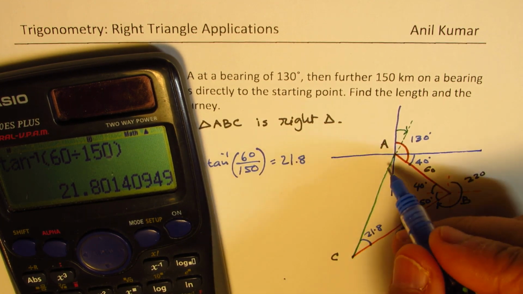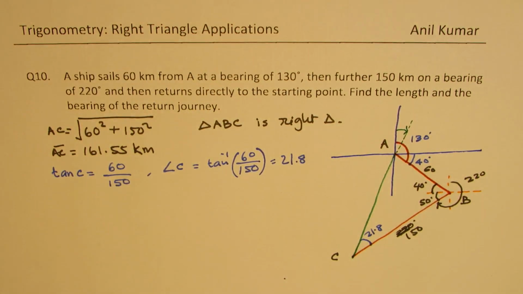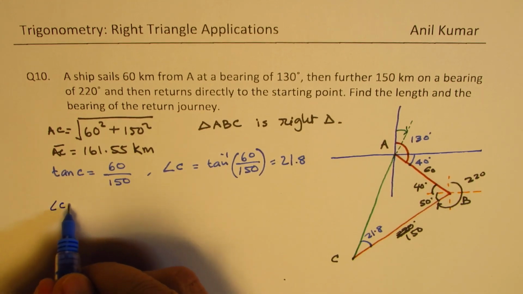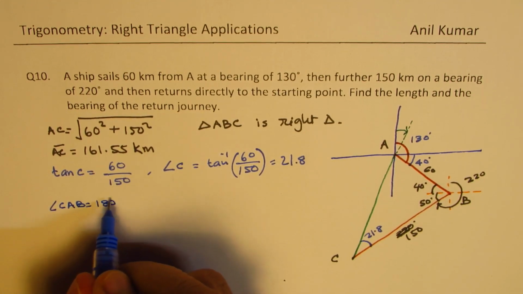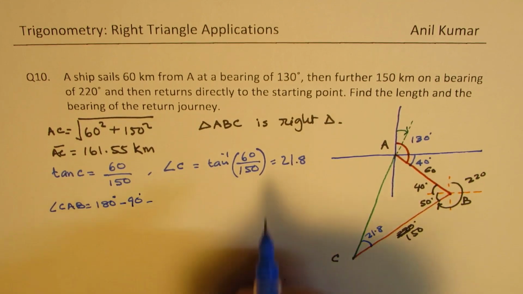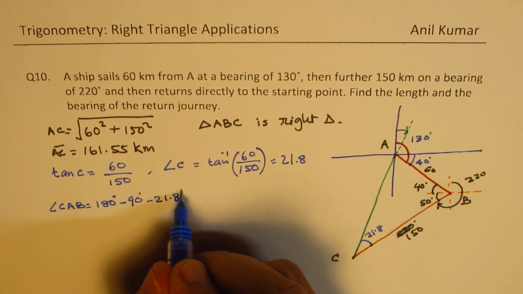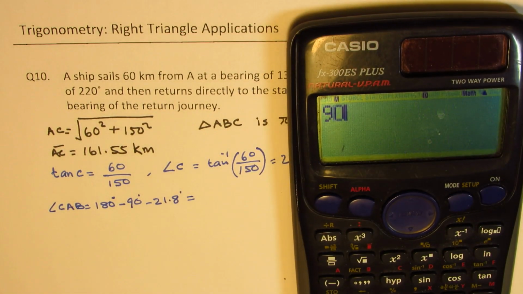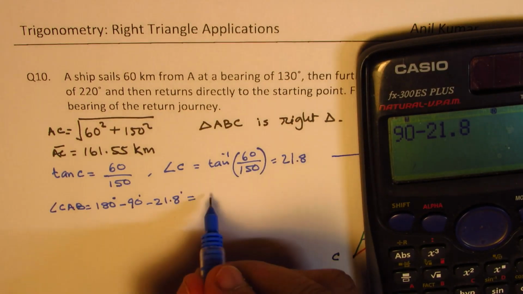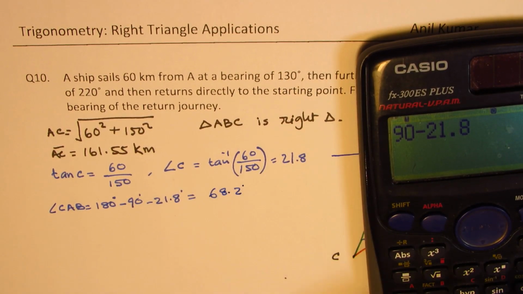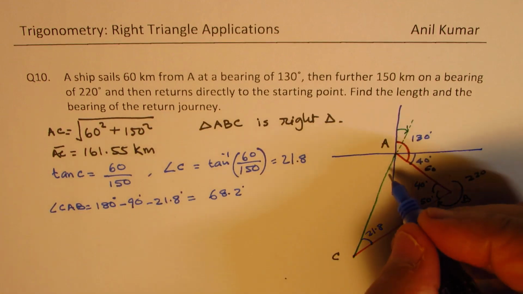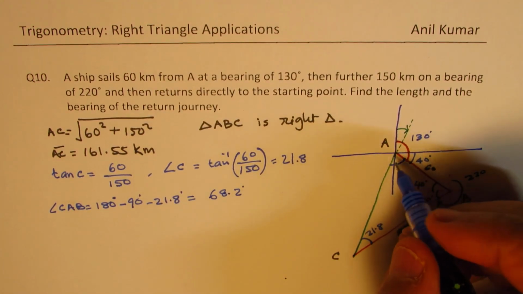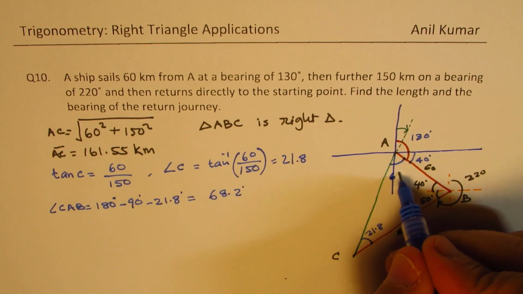Now we can find the third angle, angle CAB, which should be 180 degrees minus 90 degrees minus 21.8 degrees, correct? So 90 minus 21.8, in decimals, is 68.2 degrees. So this total angle is 68.2 degrees.